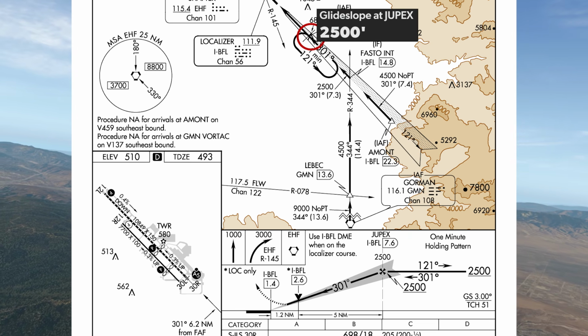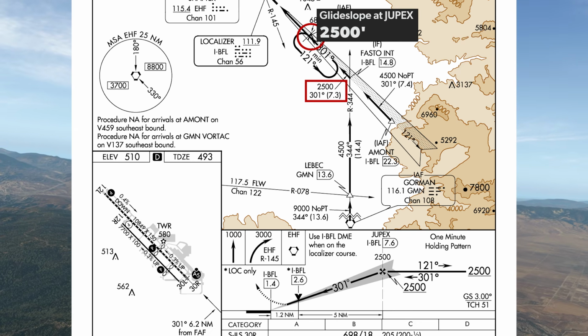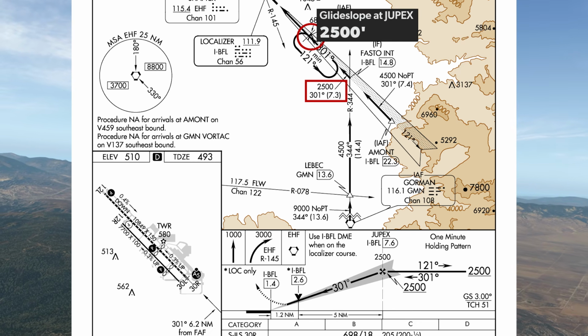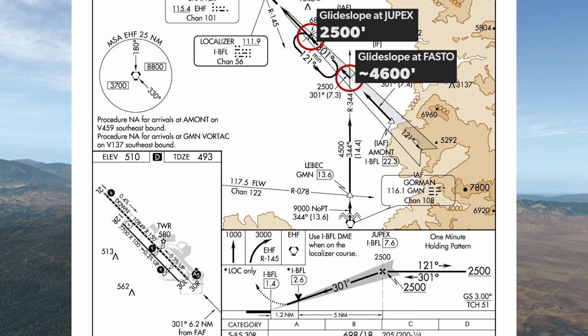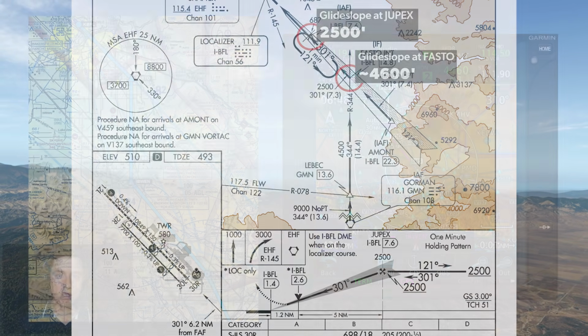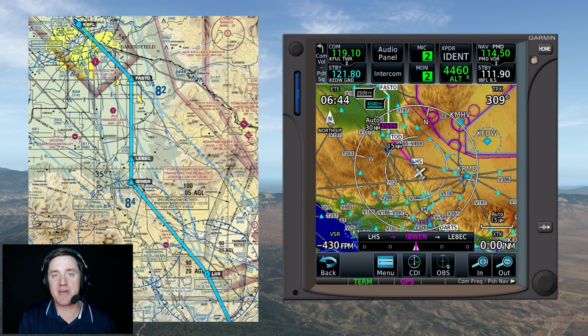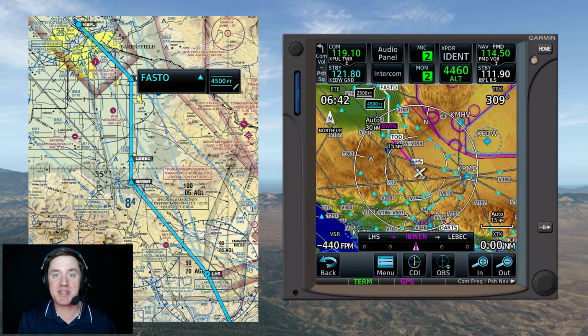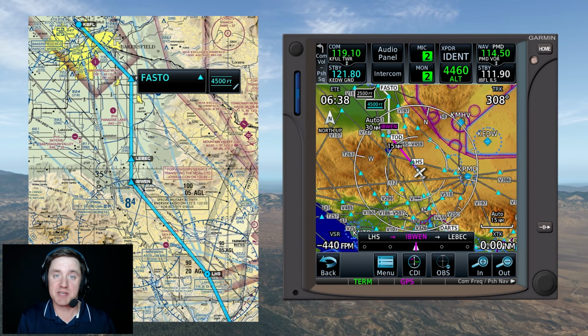The glide slope is at 2,500 at Jupex here, and that's a bit over 7 miles from Fasto. If you figure 300 feet per mile for a 3-degree glide slope, it'll be at about 4,600 at Fasto. It'll certainly make our life easier to not be above the glide slope at Fasto, so let's tentatively plan to be at 4,500 at Fasto, provided, of course, that that works with ATC.